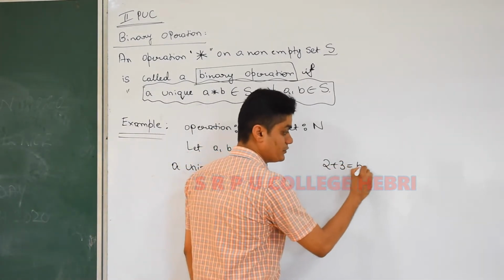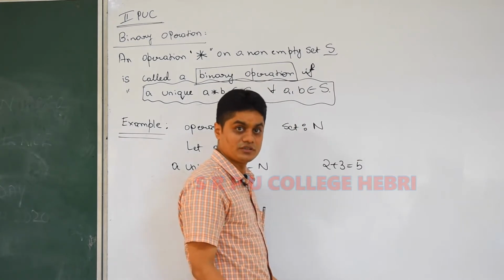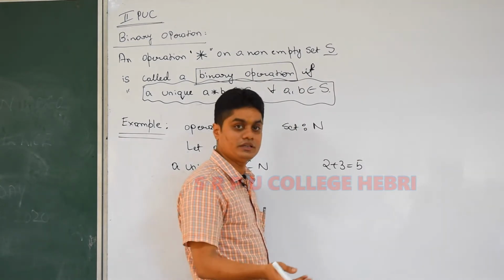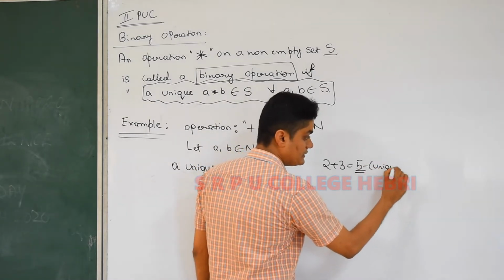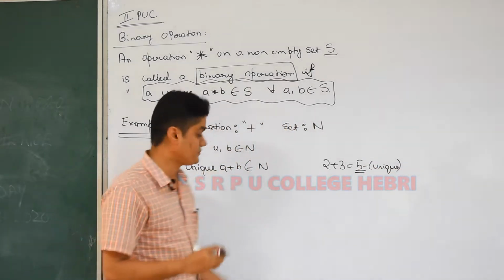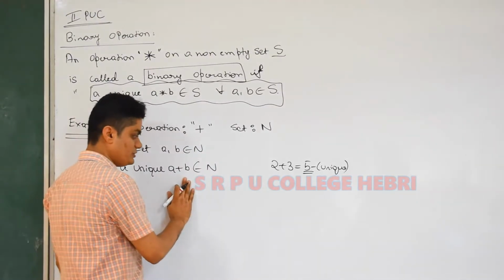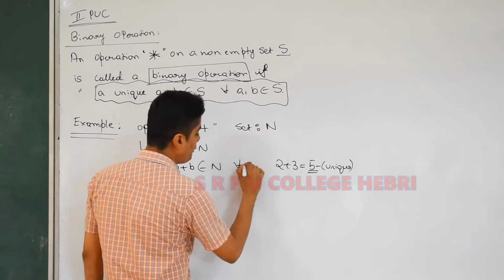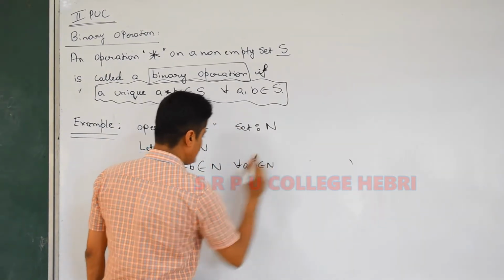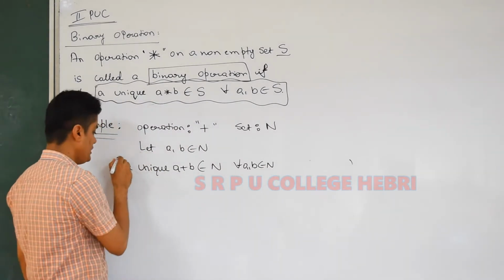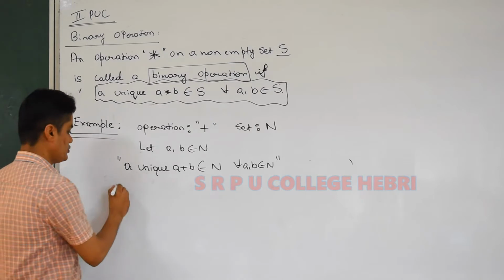Is there any other option? Can 2 plus 3 be equal to 6, or can it be equal to some other number? No, this is unique. Remember, the output of this operation is always unique, and it is not only for this, it holds for every natural number. So what is the conclusion?